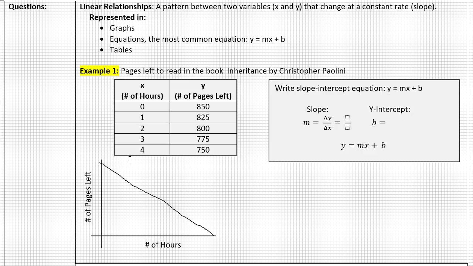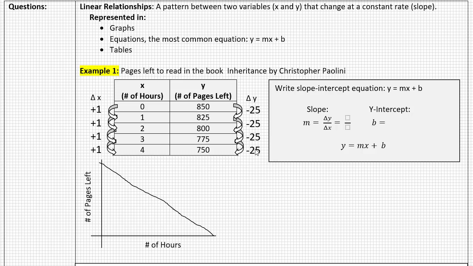So let's go ahead and add in those labels. So if we were going to label the changes that we see in this data table to help us identify the slope, we can see that from 850, our starting number of pages, it dropped, it subtracted 25 and became 825 pages left, then subtracted 25 again to become 800, and again and again.